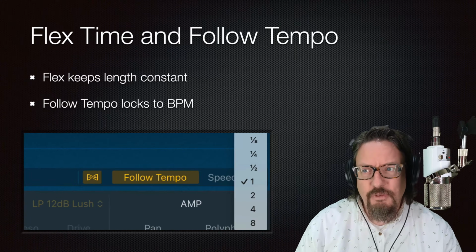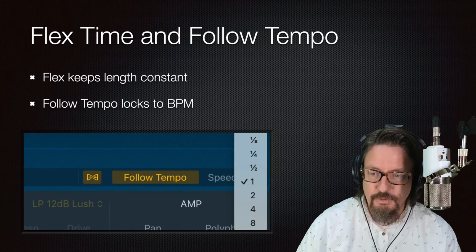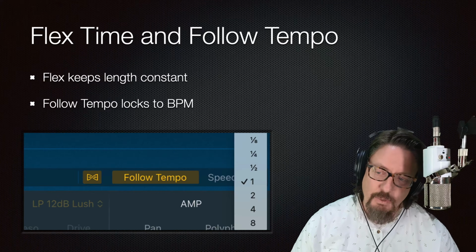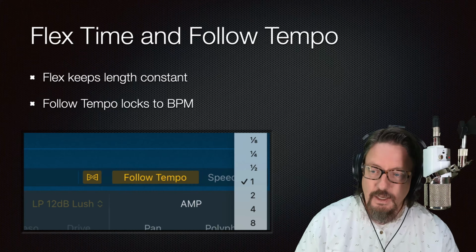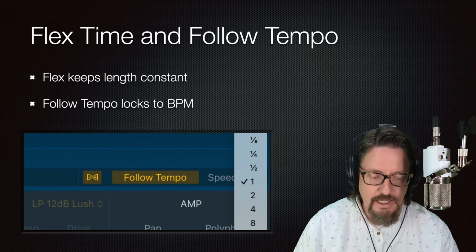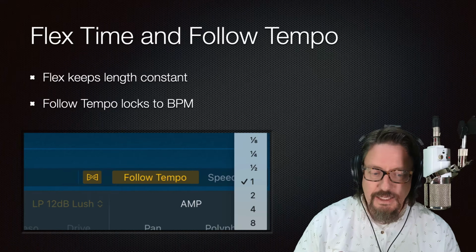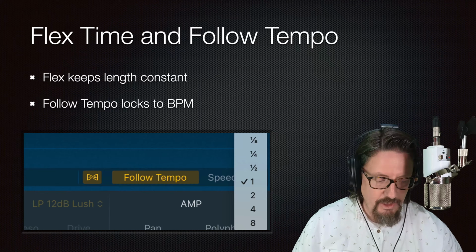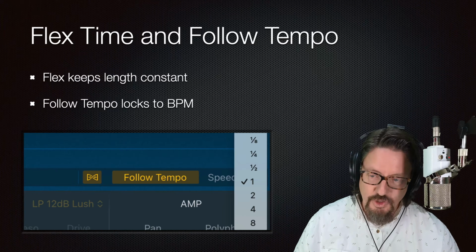In terms of the flex time and follow tempo, which also appears once you X out of the sample start and end, you can see the little sideways hourglass looking icon. That's the flex on and off. And that means that it will do the transposition and timing separate from each other. If you play a note on any range of the keyboard, it will maintain the same time, even if you're transposing.